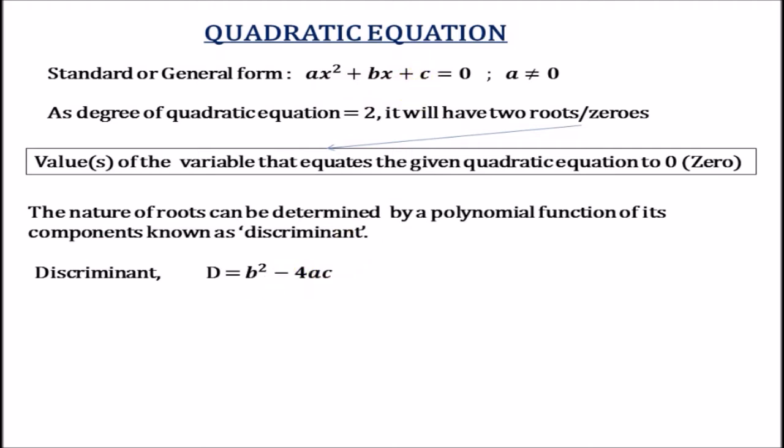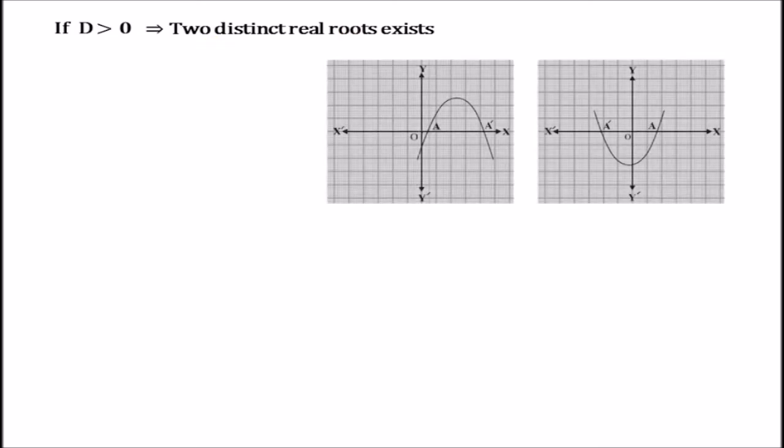There can be three different cases, and the first one is if D is greater than 0. That is, if D turns out to be a positive quantity, then there will be two distinct real roots for a quadratic equation. This means there will be two different values of the variable for which the quadratic equation will equate to 0.